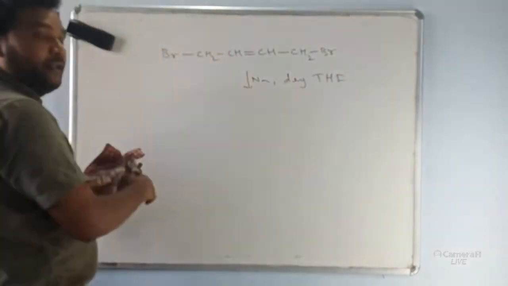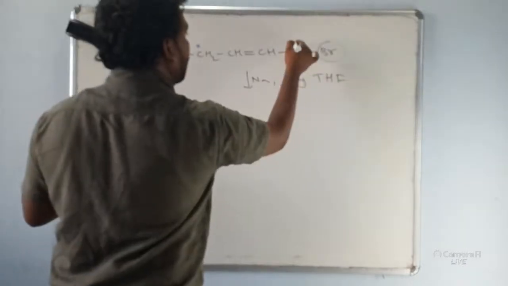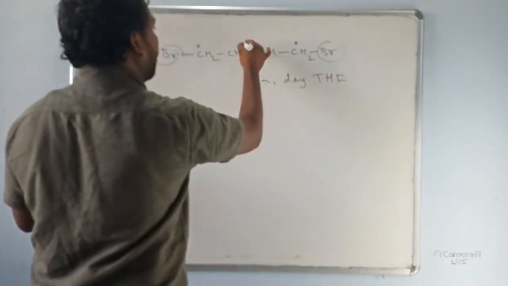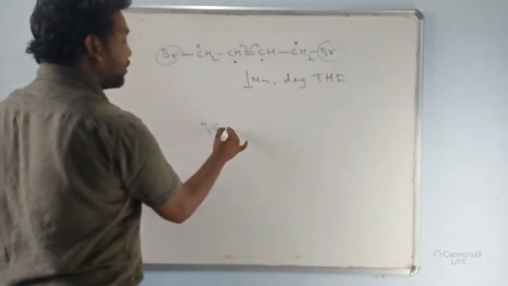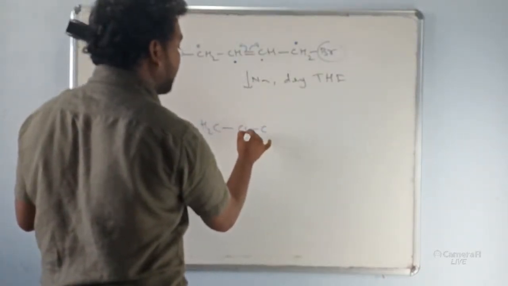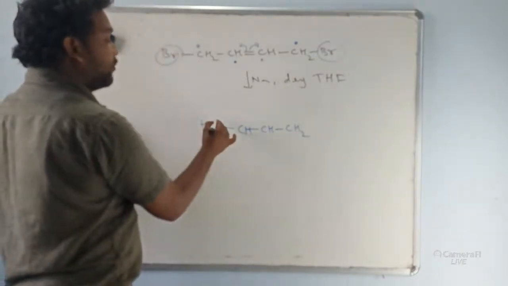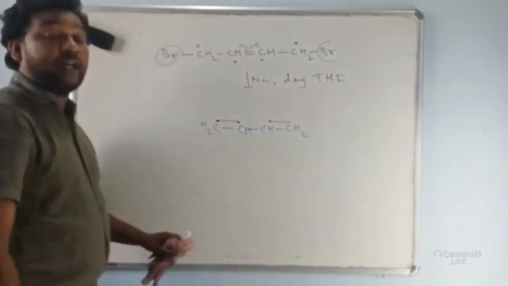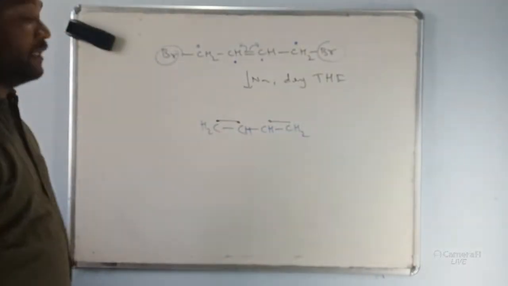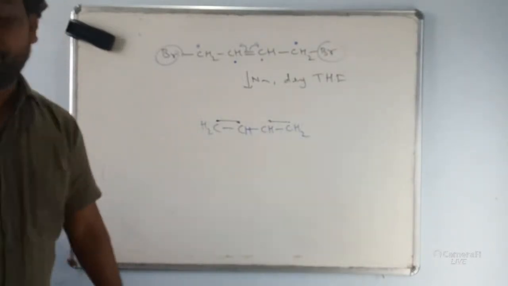Same as before, radicals are generating from here, one radical, and from here also one radical. This pi bond also undergoes homolytic cleavage to give radicals. So now we are getting this product. Let me write the skeletal structure first, and later we can understand how to write the products. Here is one radical, here is one radical. So here the pi bond, 1,3-butadiene, alpha beta unsaturated carbonyl compounds we are getting here. Now clear? Please note all these.